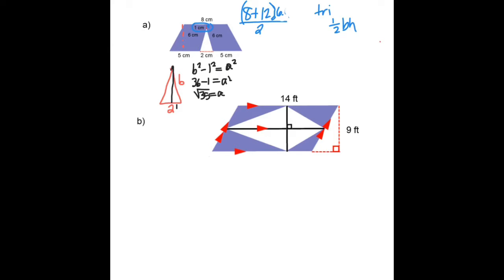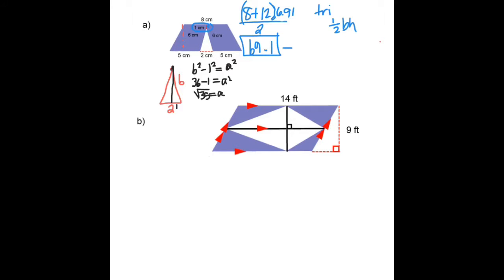We'll just round our answer to the nearest tenth. So 8 plus 12 is 20. 20 divided by 2 is 10. 10 times 6.91 equals 69.1. So that's the area of the trapezoid.